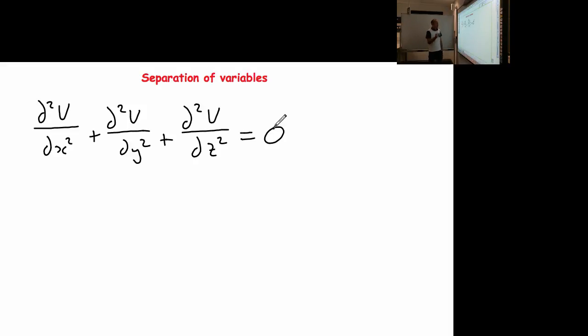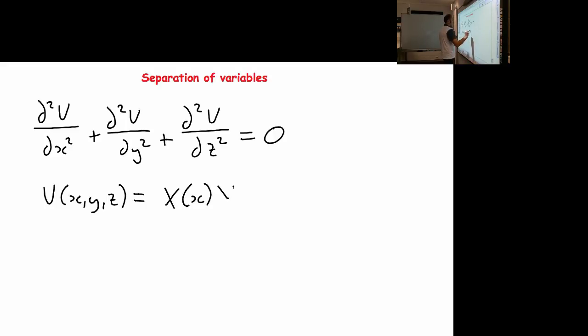I'm going to look for solutions of the form where V of x, y, z is equal to X, a function that depends on x only, some function Y that depends on y only, and some function Z that depends on z only.